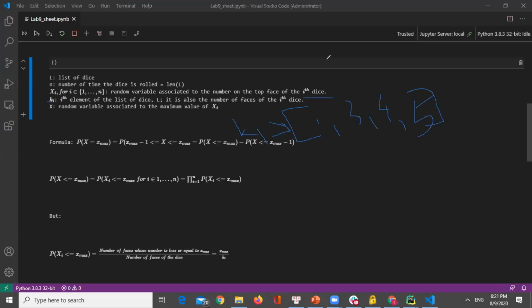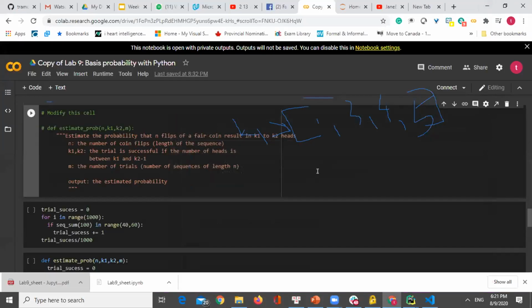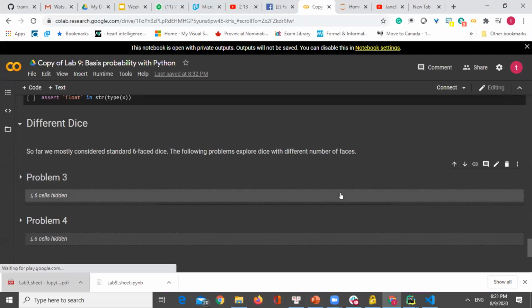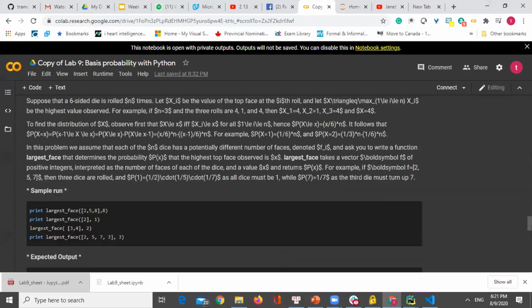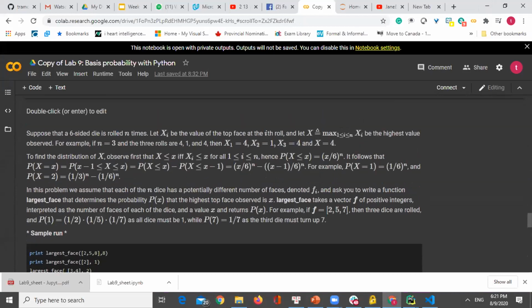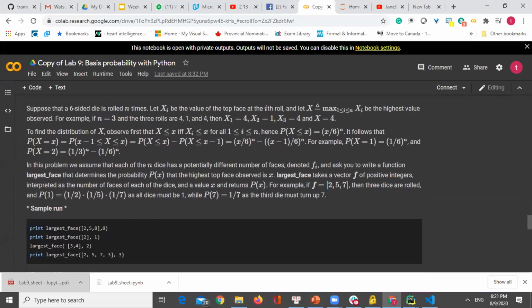Go back to the exercise. Yeah, suppose that a 6-sided die is rolled n times.